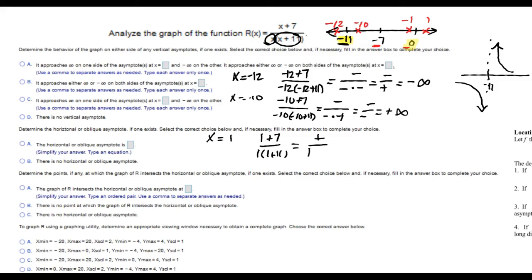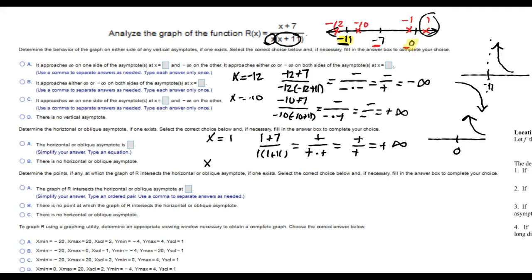That's a positive over a positive times a positive. It's a positive over a positive, which is a positive infinity. So on the right-hand side of that vertical asymptote at 0, it's going to go to positive infinity.